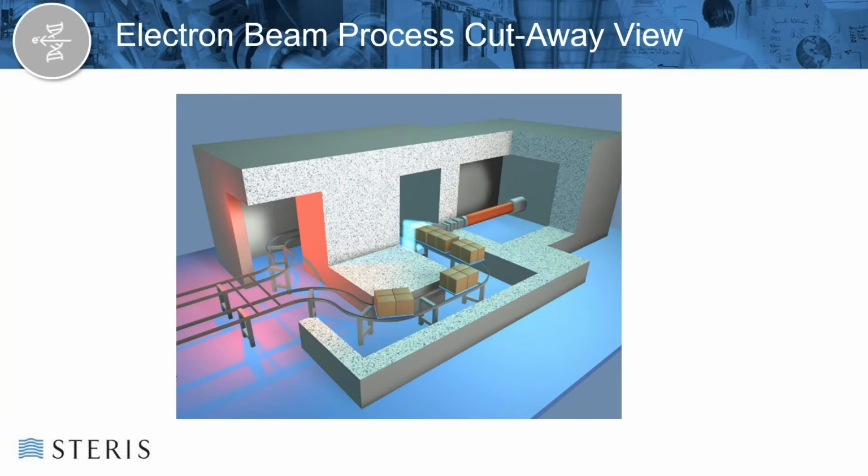We have an electron accelerator in the upper right corner. This is just a theoretical diagram. I don't think we have a process that looks quite like this. But whether that shielding is substantial enough depends upon the energy of the beam that is accelerating our electrons into our product.